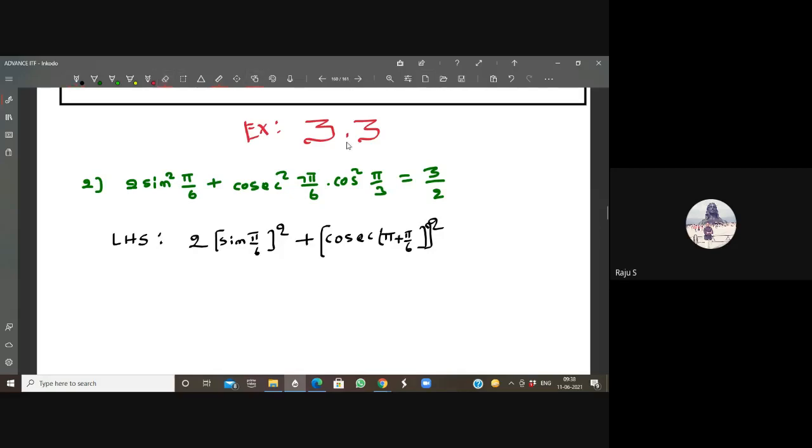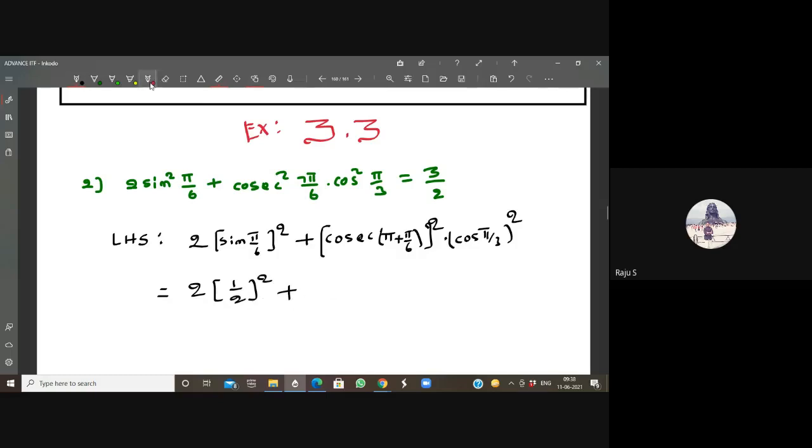So I have written 180 plus 30, into cos square pi by 3, whole square. I am taking LHS. Now 2 into, what is the value of sine pi by 6? Sine 30 is 1 by 2, whole square.